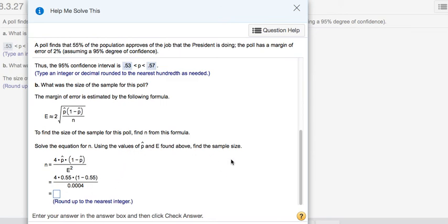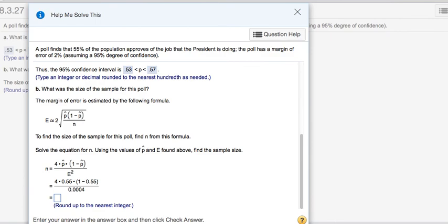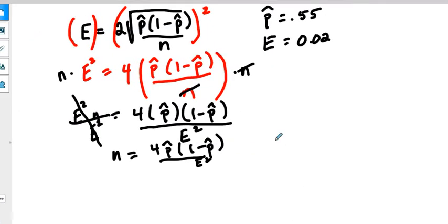But I think what makes this problem interesting and a little bit different, because I think you and I, or at least I was saying, why wouldn't we use the formula n is equal to 1 over e squared?